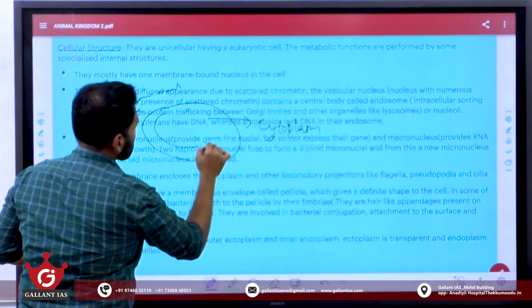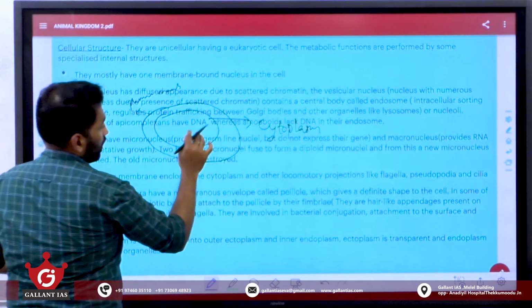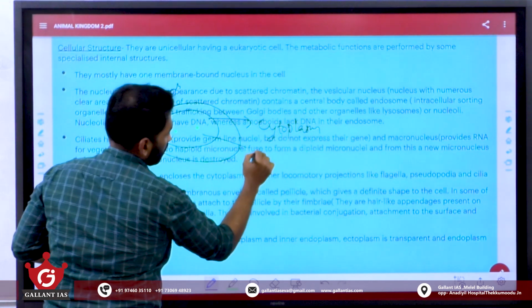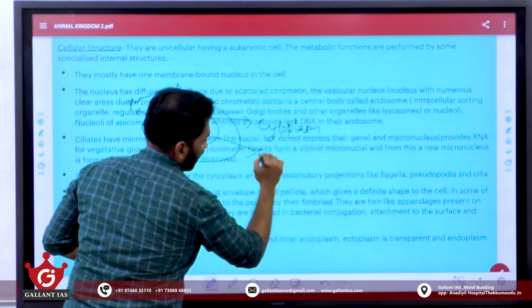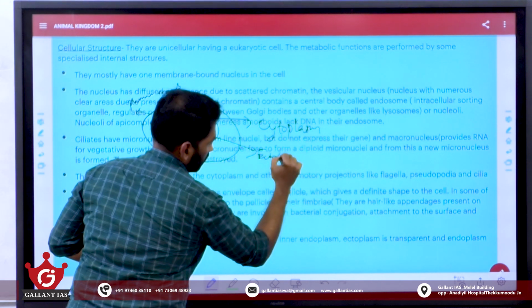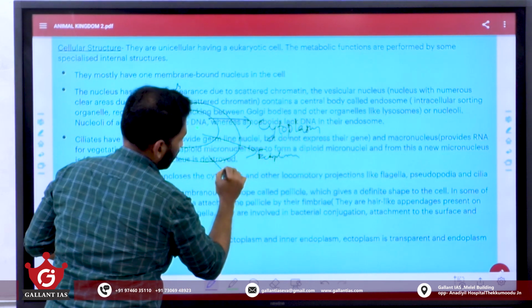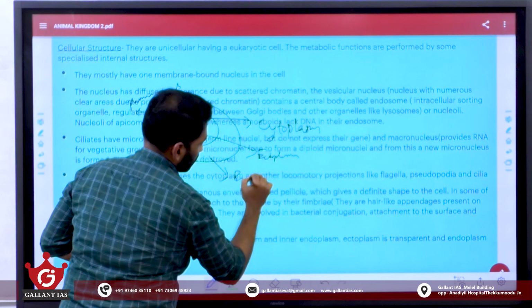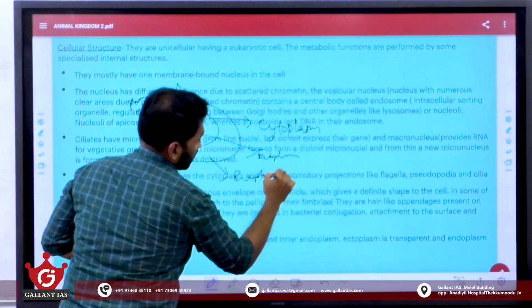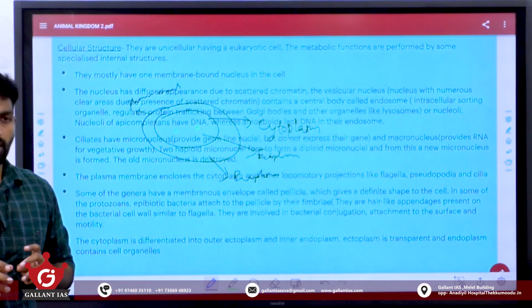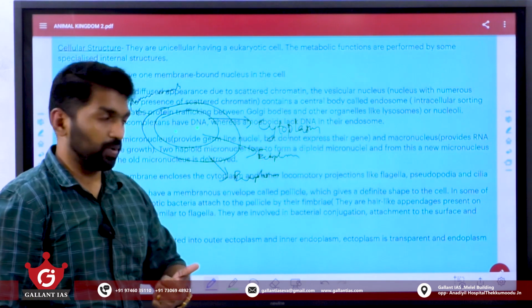There will be a demarcation of the cytoplasm as well. This part of the cytoplasm will be called an ectoplasm, and this part will be an endoplasm. So just like an ectoderm and endoderm, we will have an ectoplasm and endoplasm.